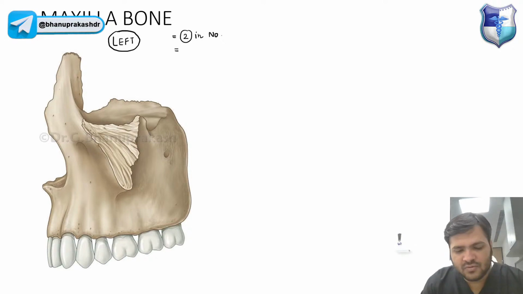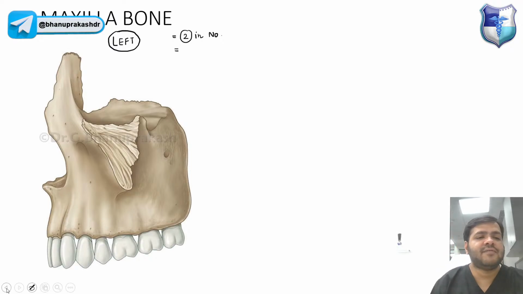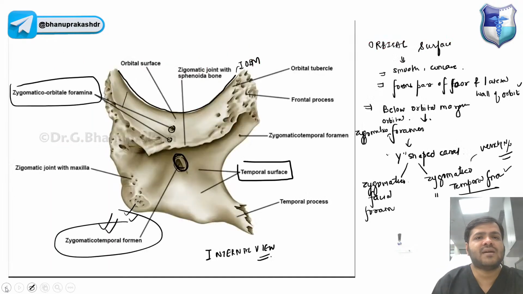Very good, Shakil. It is the intermaxillary suture, beta. Very good. Right or left maxilla, if you just want to see over here in the skull.